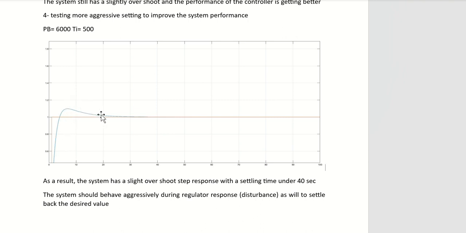But it will settle the system down at the set point in about, let's say, 35 seconds. The system over here looks good, but in reality that can't happen because the minimum settling time that we expect from our tank will be no less than 53 seconds. So this is just a result.